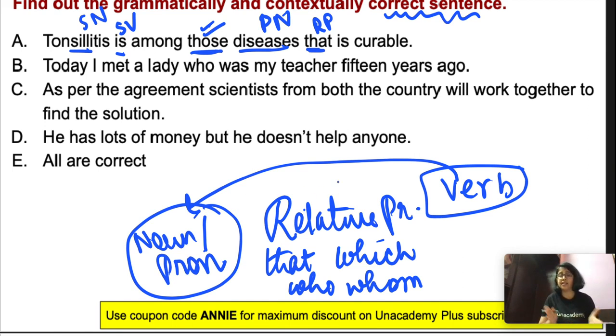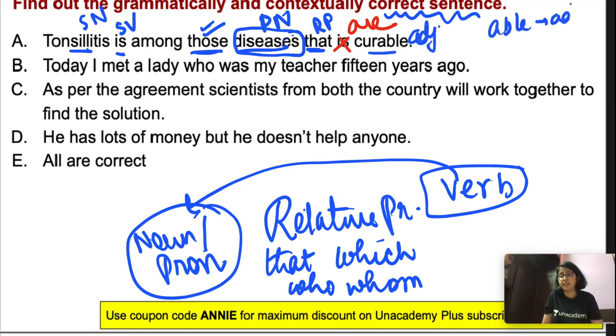So the antecedent, the verb agrees with the antecedent, the noun or pronoun that comes just before the relative pronoun. So here the noun is a plural noun, diseases. So here you have to use are. Plural verb, are curable. Curable is an adjective. Any word that ends in ABLE is an adjective.